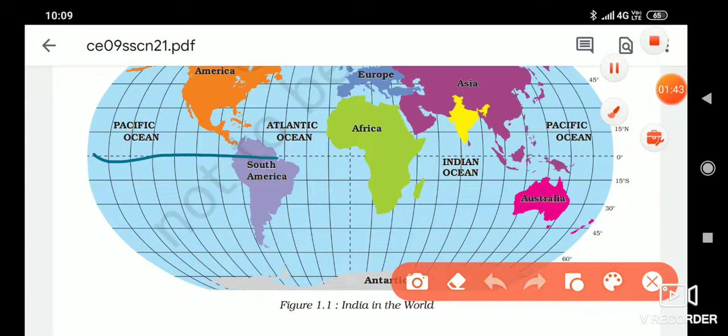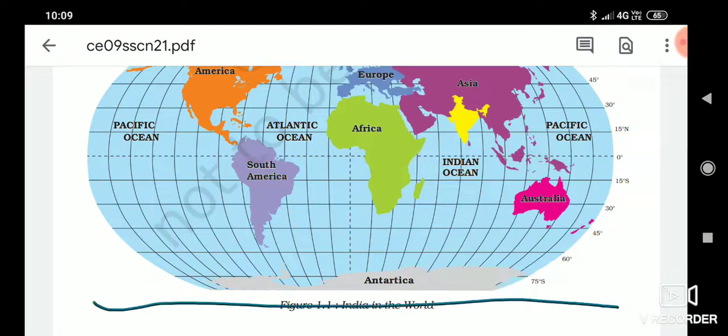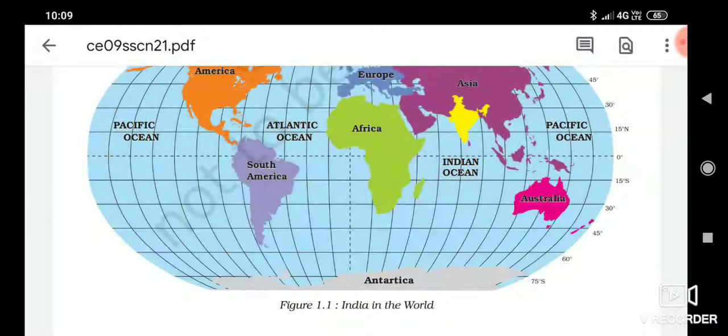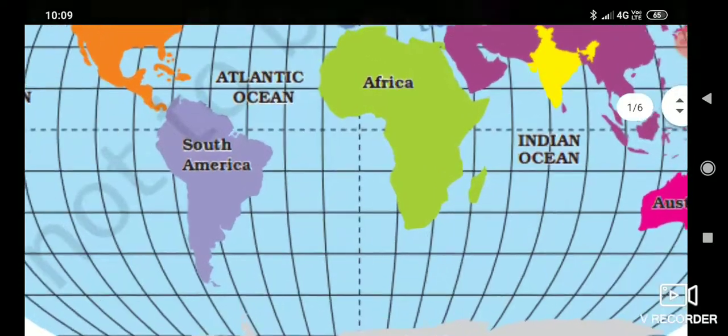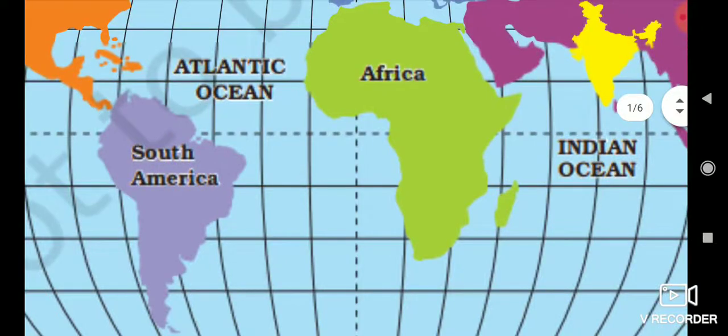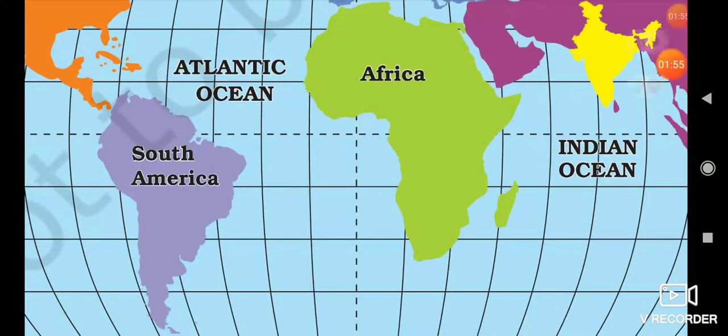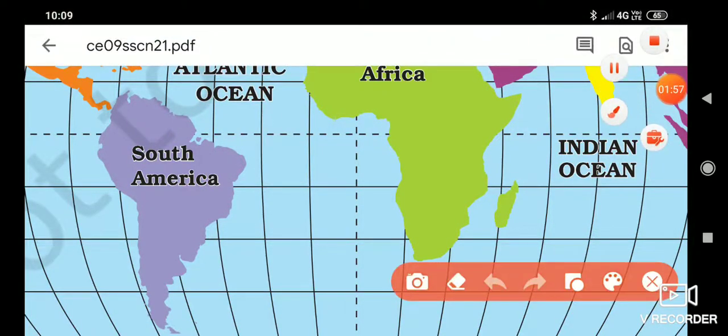Now let's study about the equator. So this is the equator. Let me zoom in. This middle one is known as the 0 degree of the equator. Why are we taking this 0 degree?